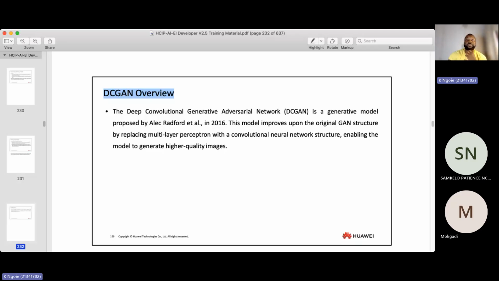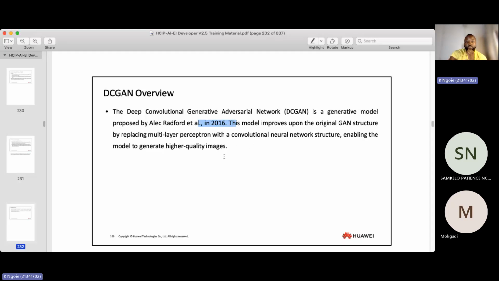The DCGAN is just a type of GAN that uses a convolutional neural network, like a CNN, instead of a fully connected network for both the generator and the discriminator. This architecture was introduced in 2016.